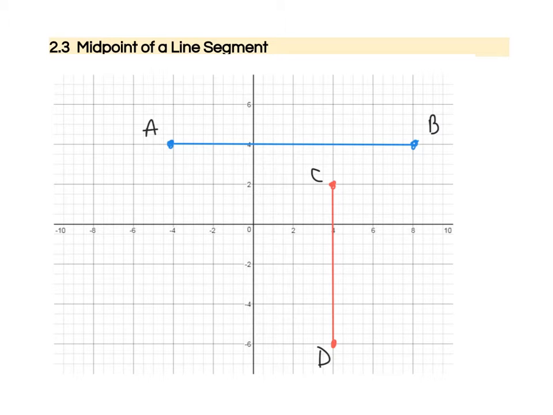Okay, so I'm expecting that the points that you chose were right here and then right here, right? And so how did you go about that? Did you guesstimate? I'm guessing you didn't. My guess is that you saw that my line over here starts at x equals -4 and ends at x equals 8.